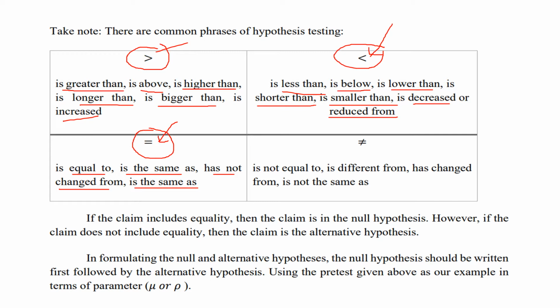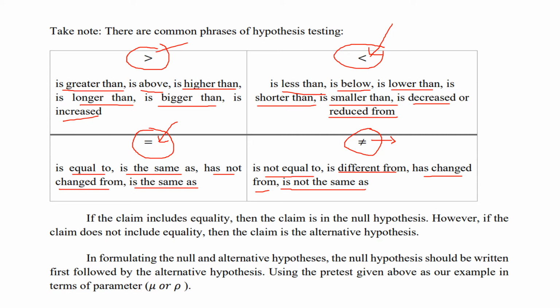For your fourth symbol here, not equal to, we use this again to represent your alternative hypothesis. It will represent not equal to, different from, has changed from, and is not the same as, as long as the phrase does not show superior or inferior to.